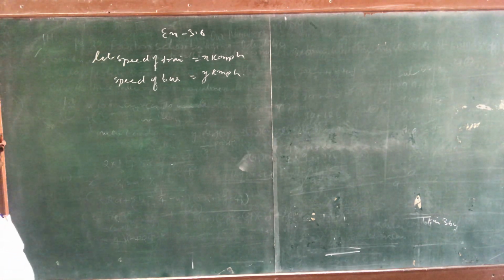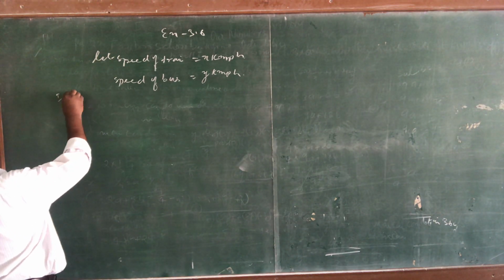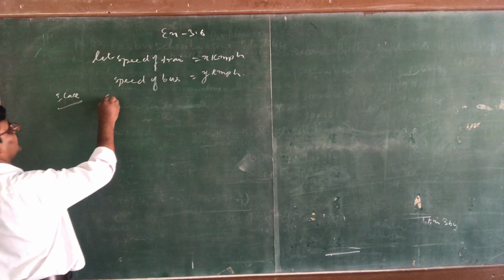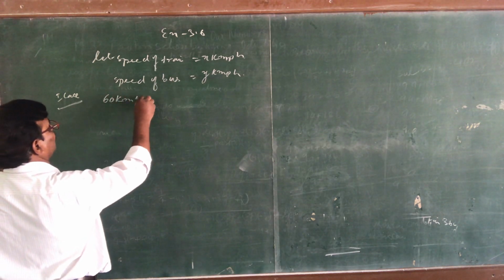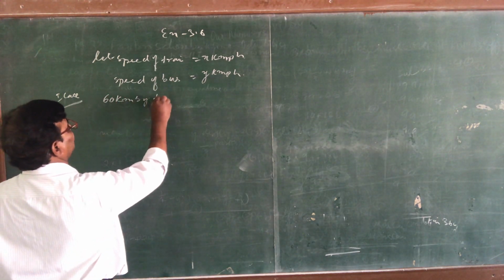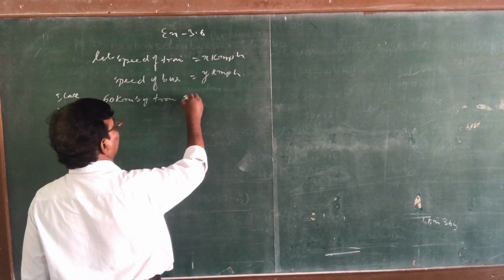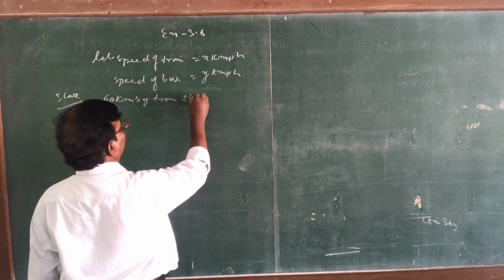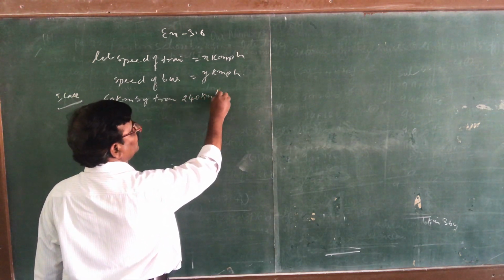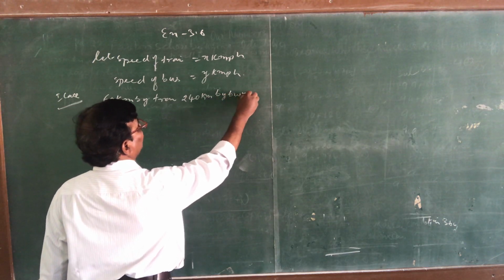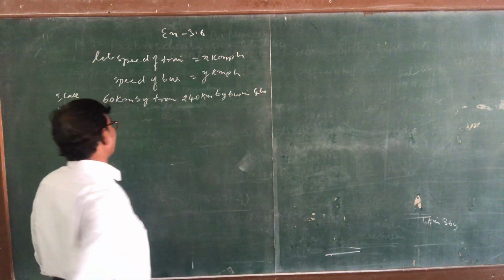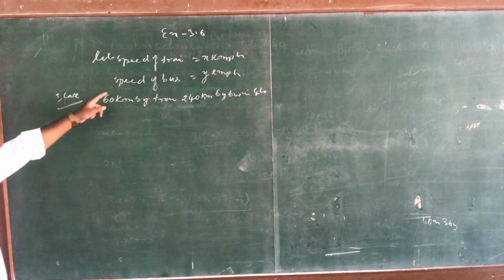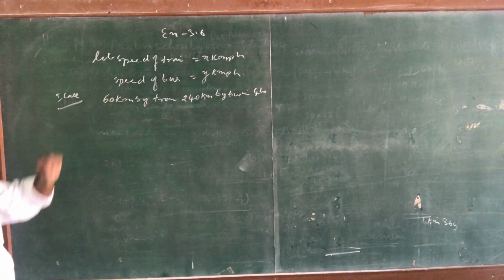So she is taking 60 kilometers by train and remaining by bus. First condition, the first case: 60 kilometers by train, remaining 300 minus 60, 240 kilometers by bus, in 4 hours. So how do you write? Time is equal to distance by speed.